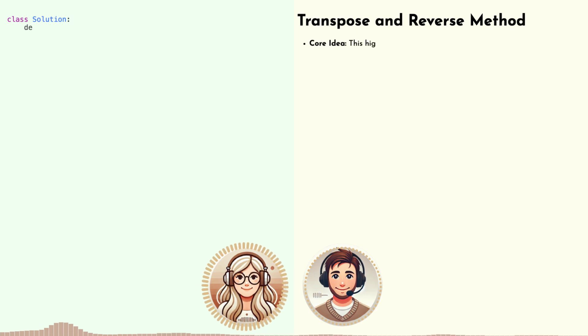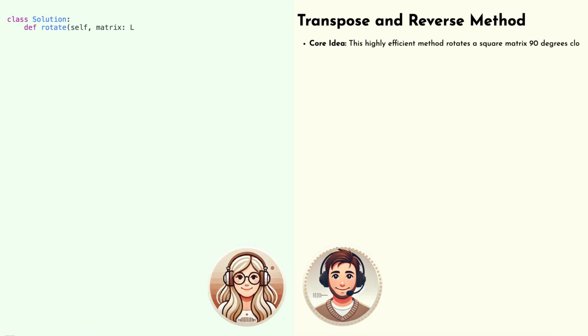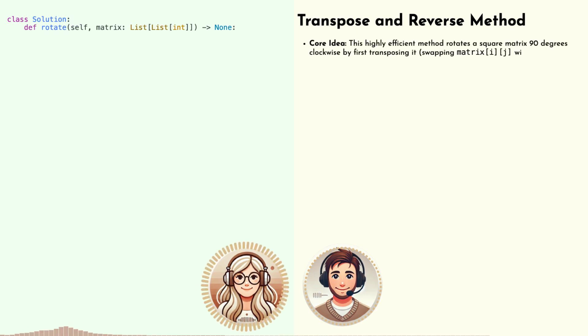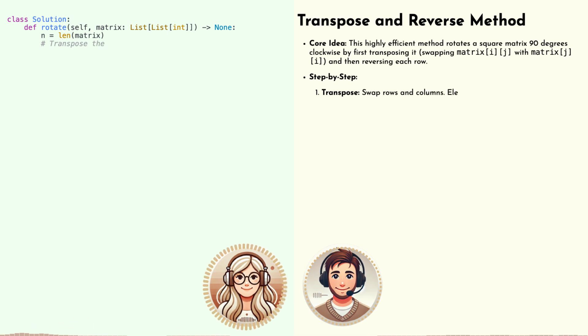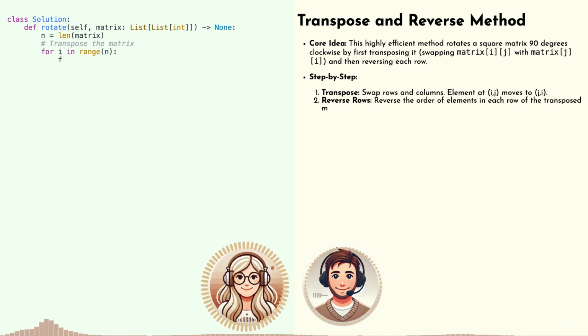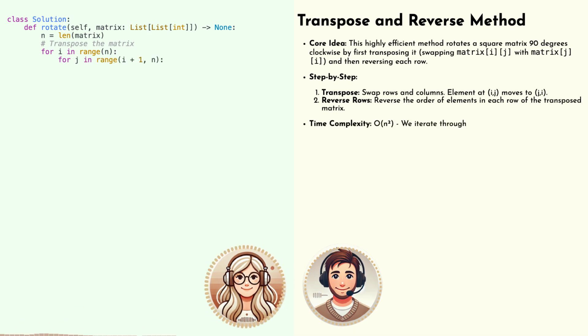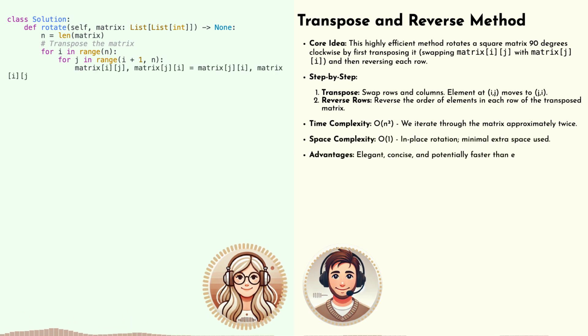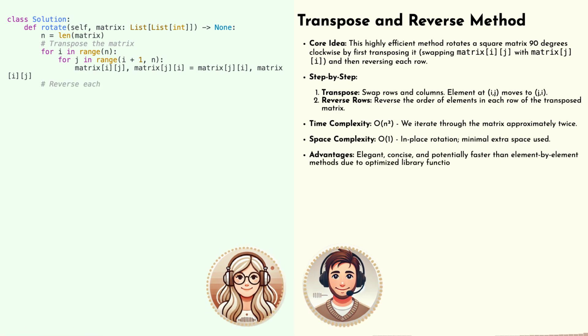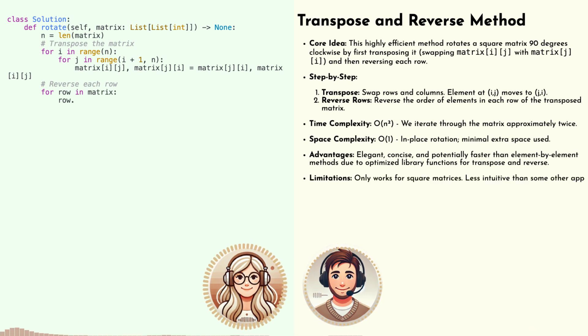Before we get into the really clever solutions, it helps to think about the brute force way first, just to see what we're dealing with. Basically, you'd make a brand new matrix the same size as the original one, and then copy the elements from the old one to the new one in their rotated positions. So the top left corner of the original would go to the top right corner of the new one.